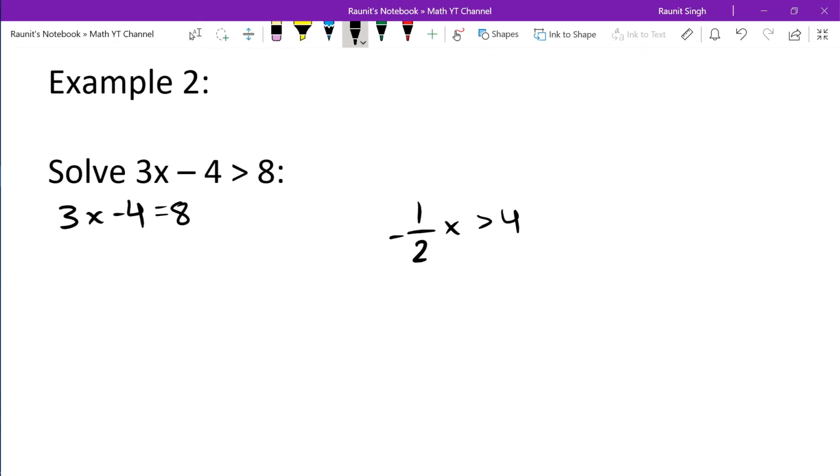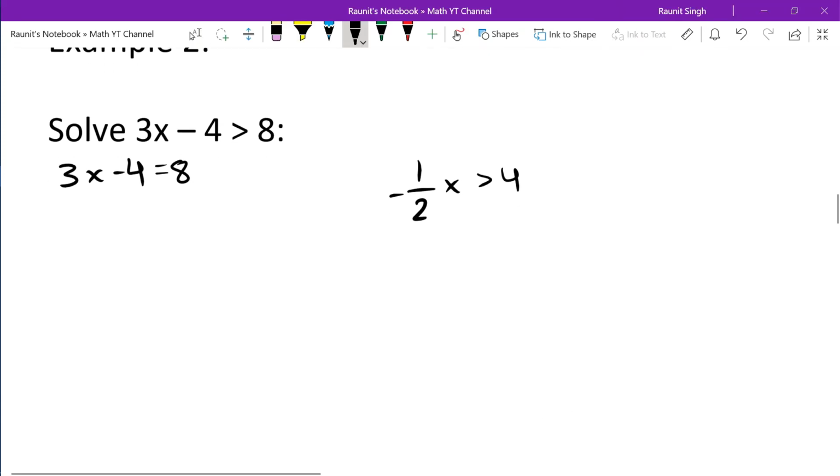So in this one it's greater than, we multiply it with a -2 to get a positive x, and then you would get x is less than -8. That would be your solution for this equation. So keep in mind that when you're multiplying with a negative number, you always want to switch the sign.